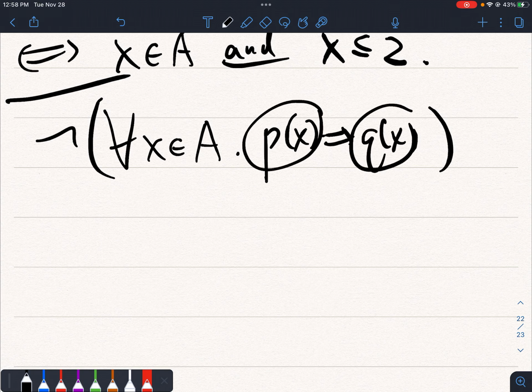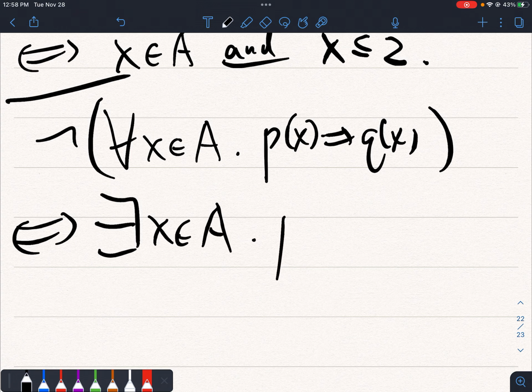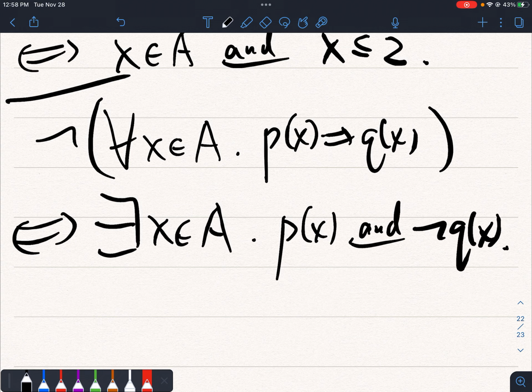Here, p of x is a statement about x, and q of x is also a statement about x. Then this will be: there exists some x in A such that p of x is true, but q of x is false. Okay, so this is the real statement.